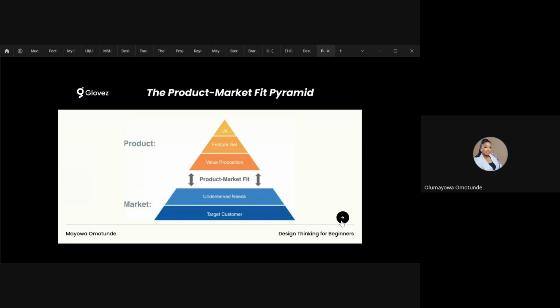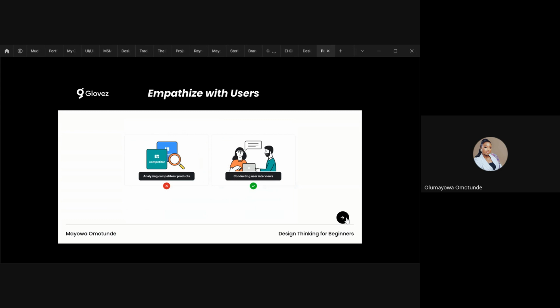It's in the define stage that you curate the underserved needs, and you can only get those underserved needs after you've spoken with your stakeholders or carried out the needed research in the empathize phase.